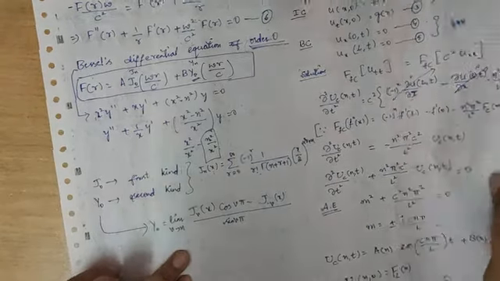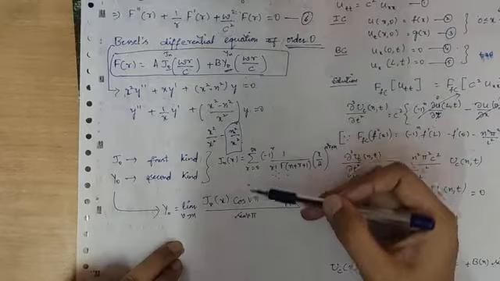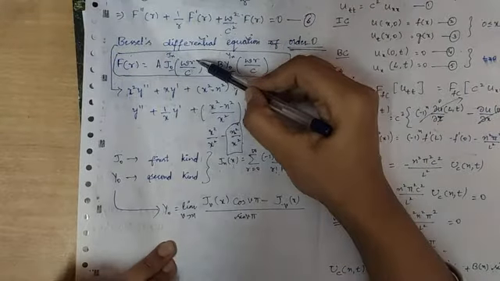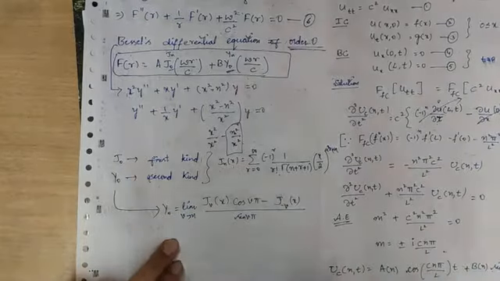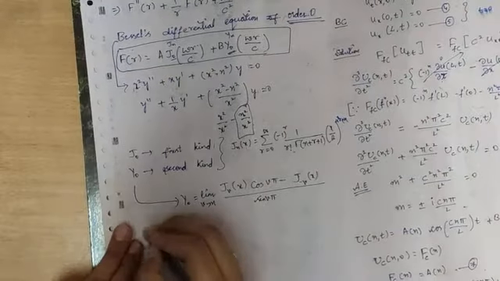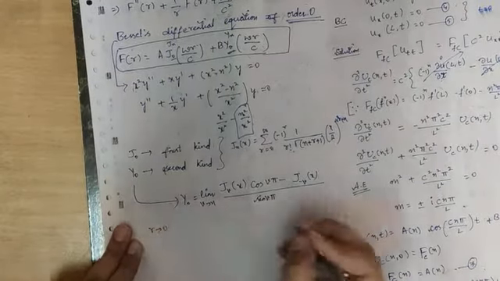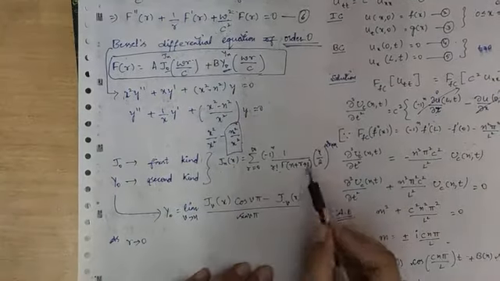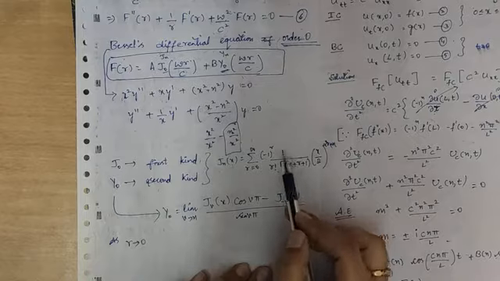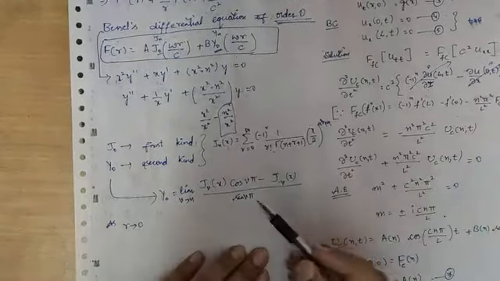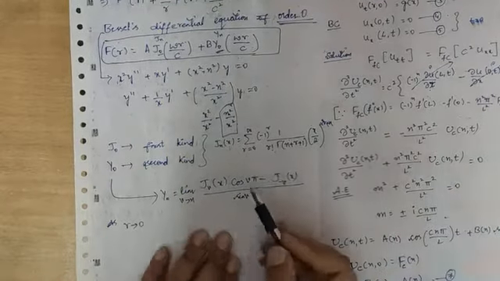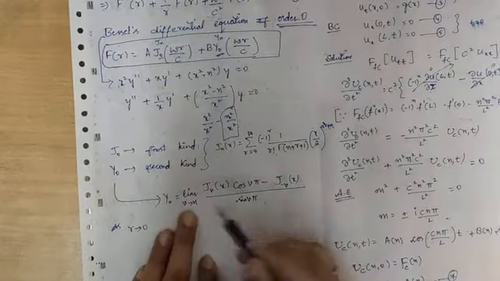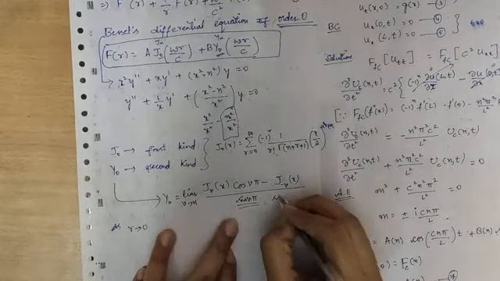If you compare these two, in the case of x, we have omega r by c. Now, as r tends to 0, you will get the solution for this equation. So don't worry about this. In this equation, what will happen if v tends to n? It will become sin n pi.